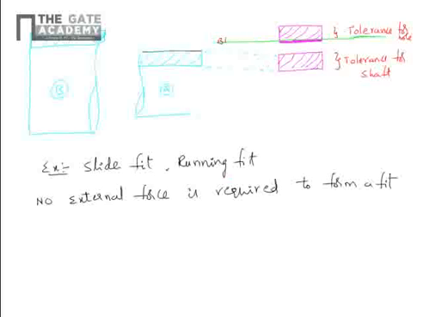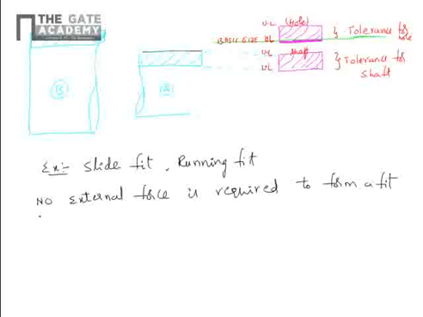So this is basic size, this part is upper limit of hole, this one is hole, this one is shaft, this is upper limit of shaft, this one is lower limit of shaft, this is lower limit of hole. So lower limit is same as basic size, that's why it is basic hole system.